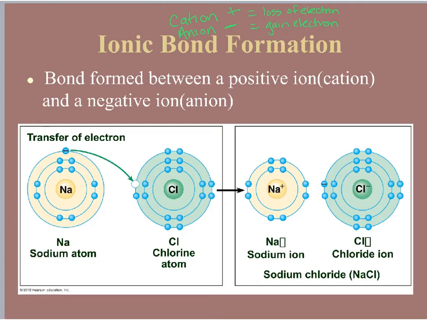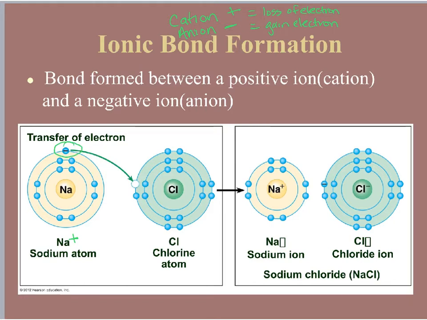Sodium and chloride often exist as ions, and this is the classic example, that sodium often exists as a cation with a positive charge. And the reason for that is it's very vulnerable. Look, it's got that 1 electron in its outermost shell, and that's it.